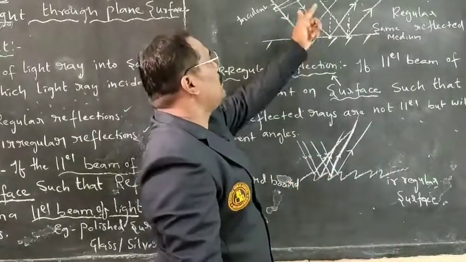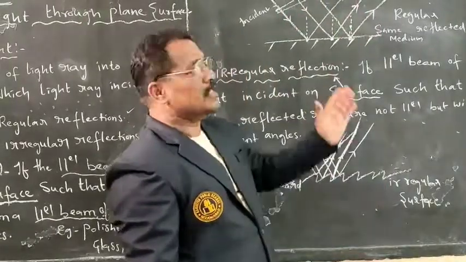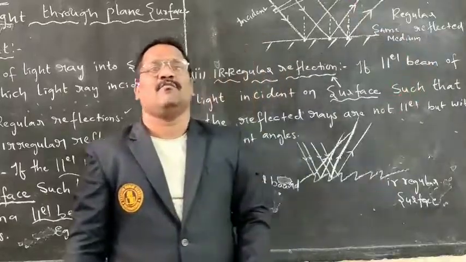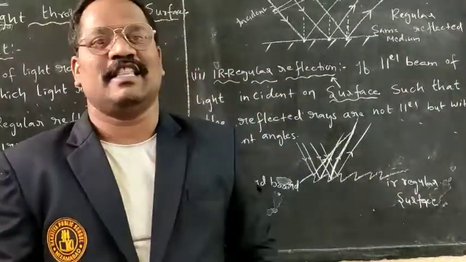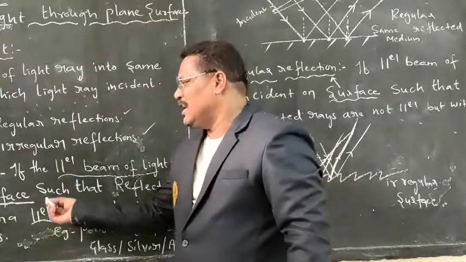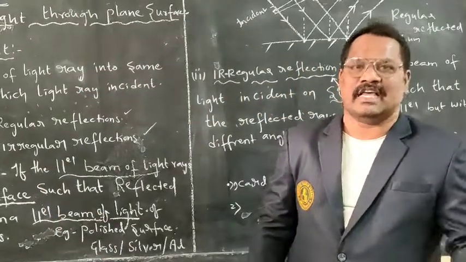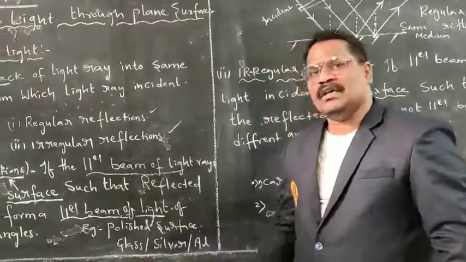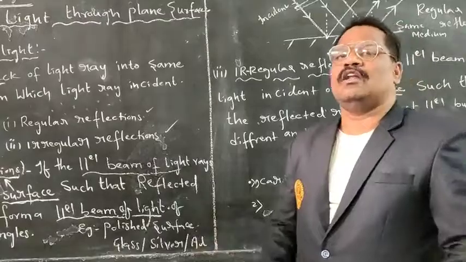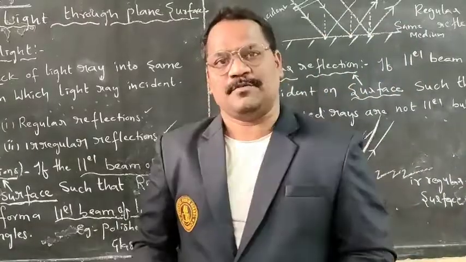Incident rays are parallel, reflected rays are also parallel. That type of reflection is called regular reflection. Examples: a polished surface, such as a glass surface, silver surface, or aluminium surface.